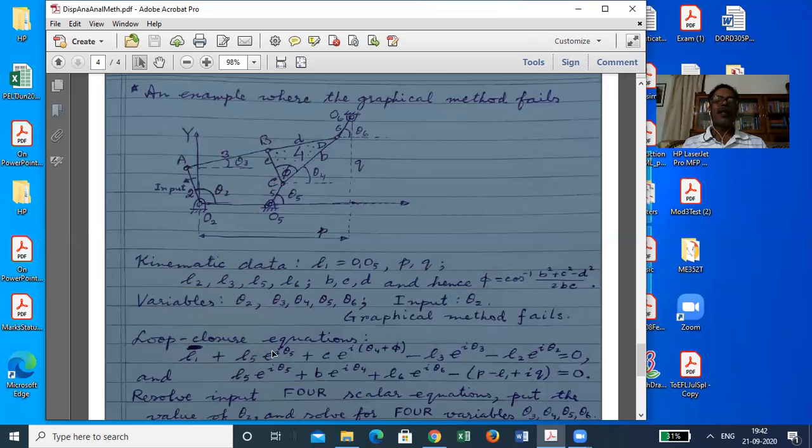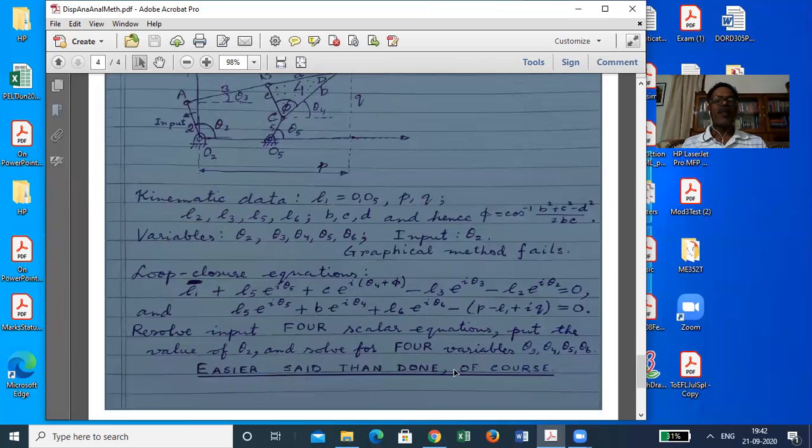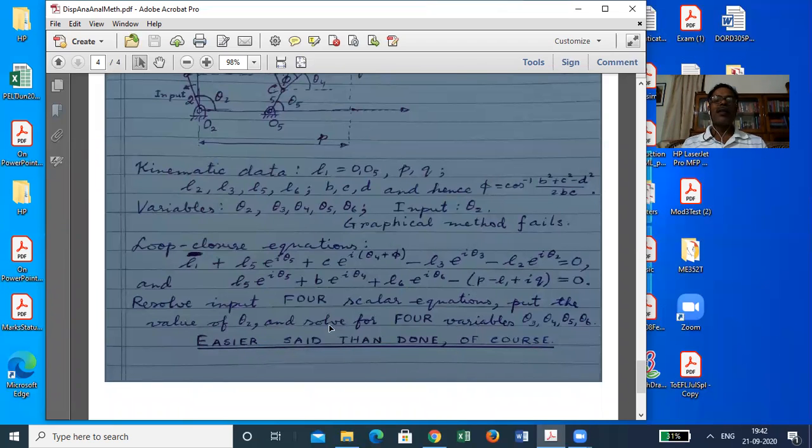But the analytical method produces 2 loop closure equations as expected, and then you resolve these 2 loop closure equations into 4 scalar equations.